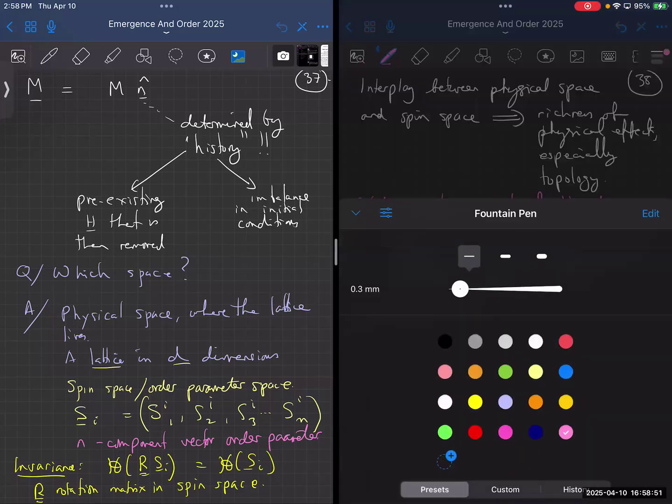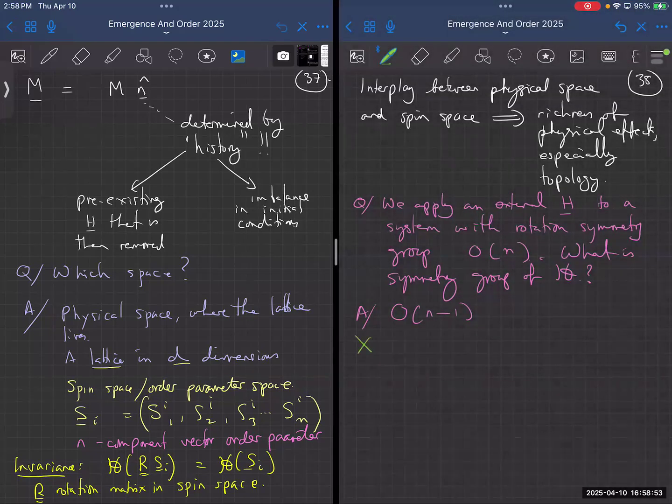So now let me introduce to you another model. That's called the XY model. In this model, it's called the XY model because there are just two components of the spin, S1 and S2, or if you like, Sx and Sy, so that n equals 2.